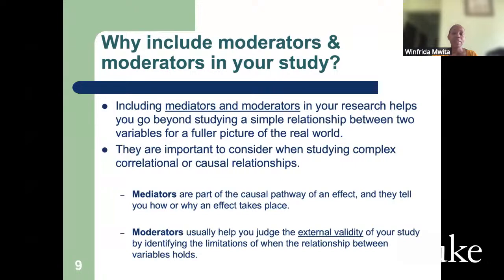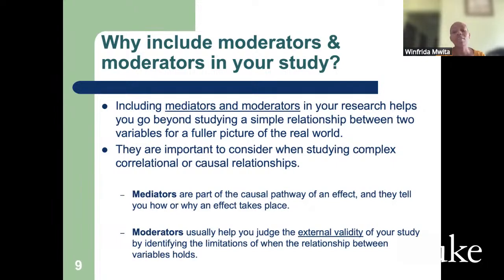So why is it important to include moderators and mediators in our studies? Including mediators and moderators in your research will help you go beyond understanding the simple relationship that you're seeing between your independent and your dependent variable. It will give you a clear picture of how variables are interacting in the real world.